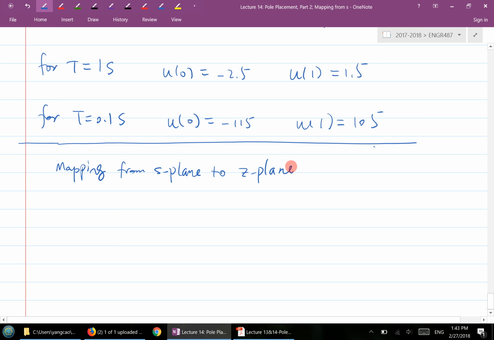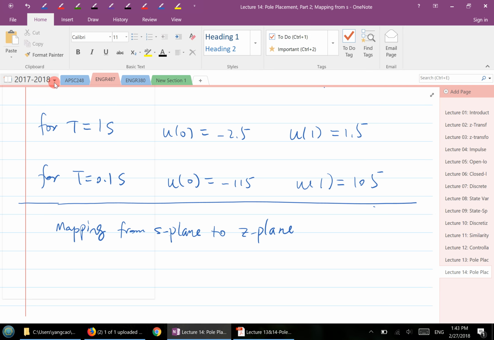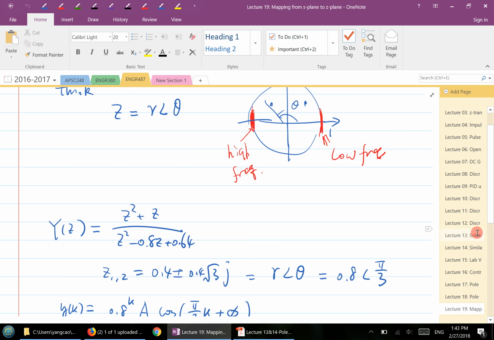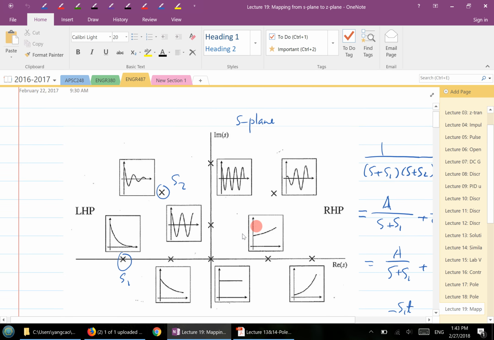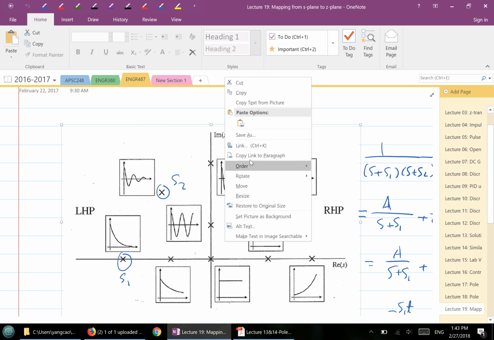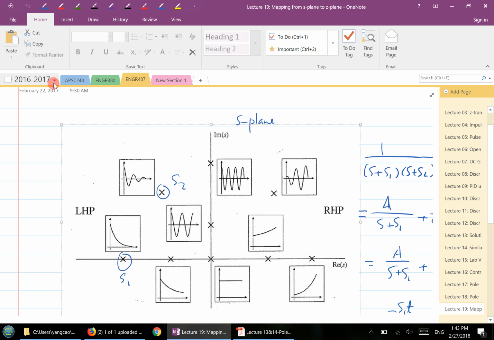So what is that? First of all, before we talk about mapping from S-plane to Z-plane, I need a picture from a previous lecture. Okay, so let's bring this one here into today's lecture.